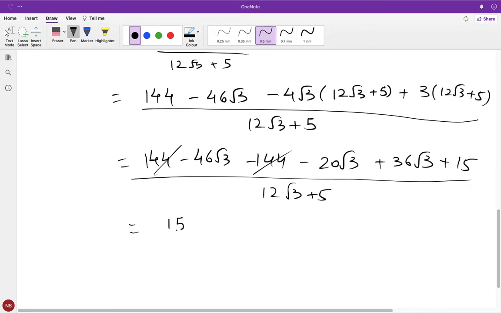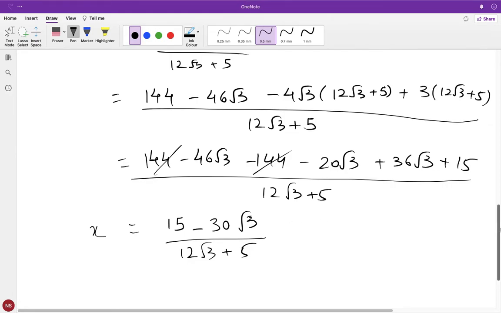So 15, 46 and 20 is 66. Minus 66 plus 30 is plus 36 is minus 30 root 3 by 12 root 3 plus 5.